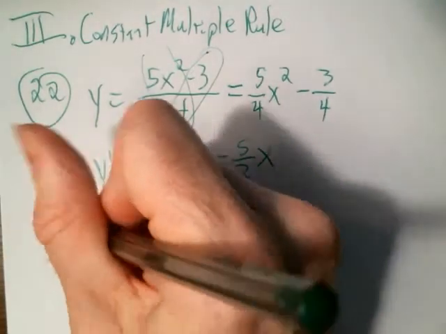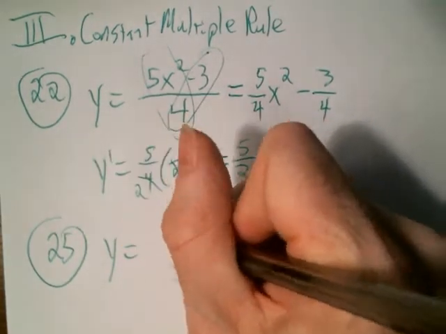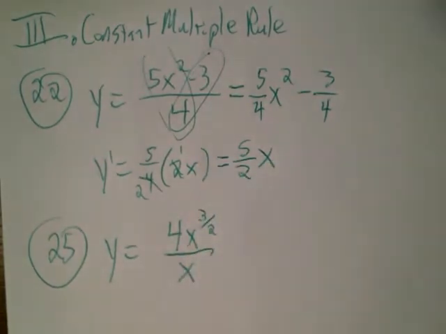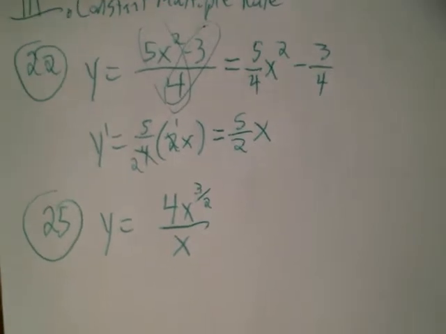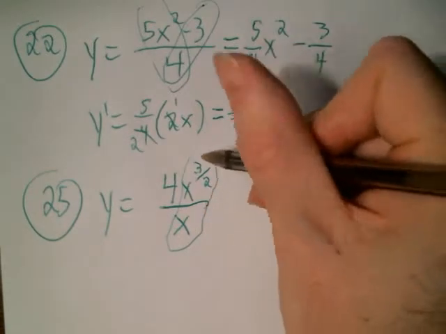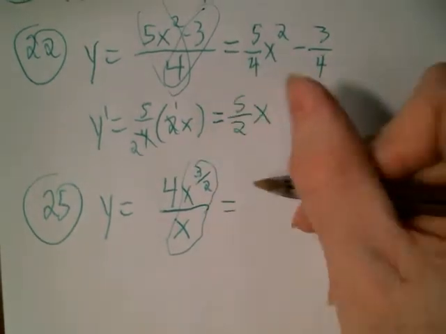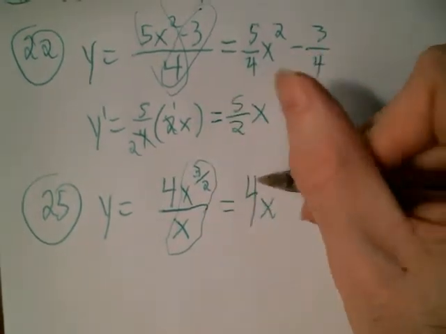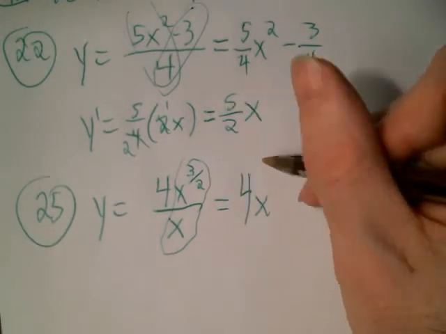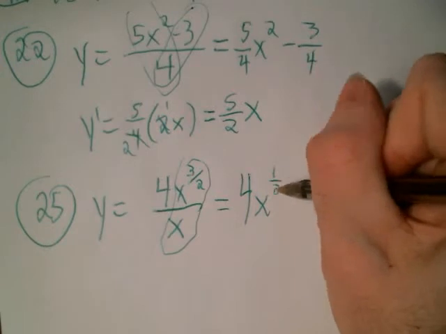Let's get another one, 25. y equals 4x to the 3 halves all over x. Here you can use some of your rules of exponents to simplify. That's just 4x to the 3 halves minus 1, which is 3 halves minus 2 halves, which is 1 half.